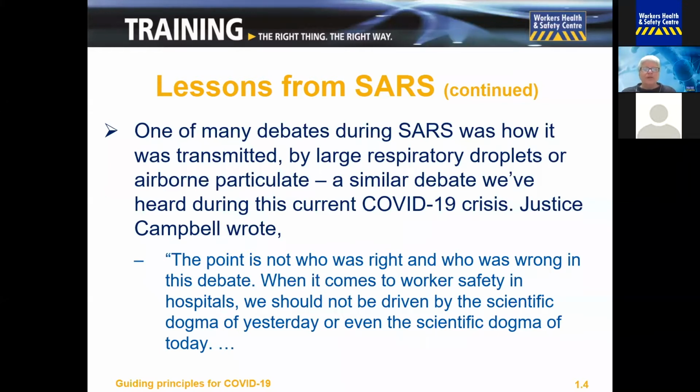When it comes to worker safety in hospitals, we should not be driven by the scientific dogma of yesterday or even the scientific dogma of today. We should be driven by the precautionary principle that reasonable steps to reduce risk should not await scientific certainty. Until this precautionary principle is fully recognized, mandated, and enforced in Ontario's hospitals, workers will continue to be at risk.